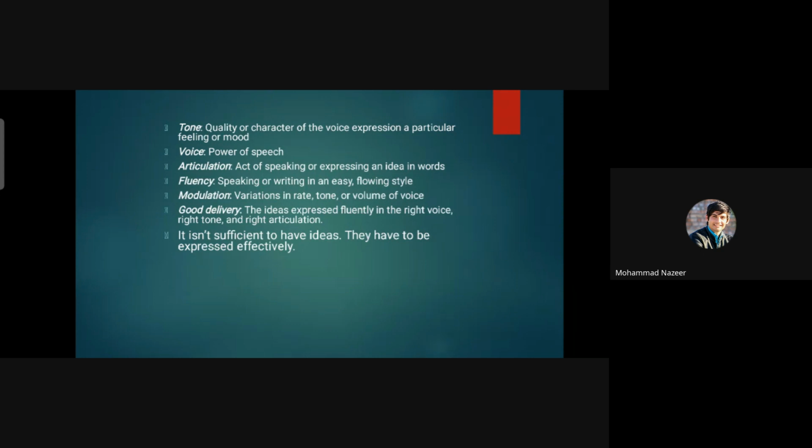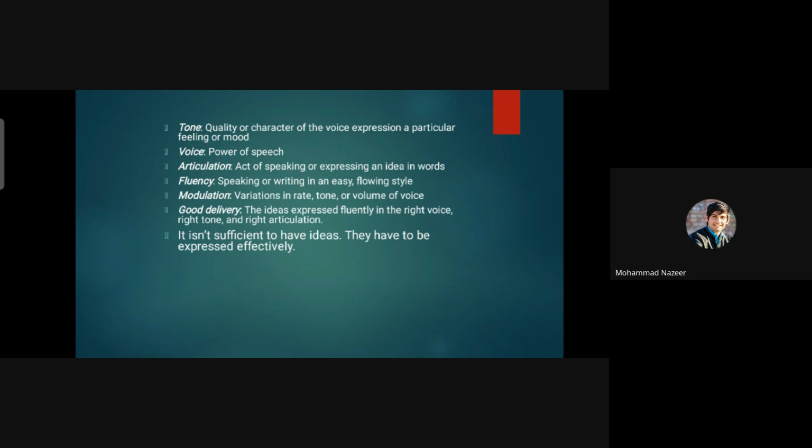It means articulation, speaking relevantly, because most times we are judged by what we speak, not by how we look. Looks also matter, but the person will be judged on what he speaks.